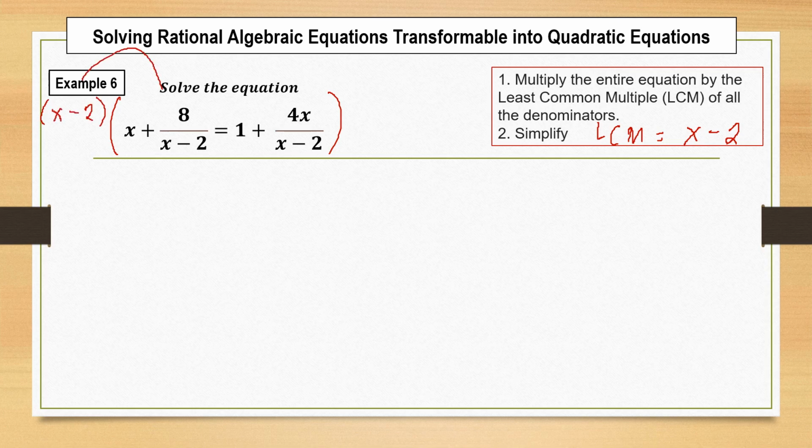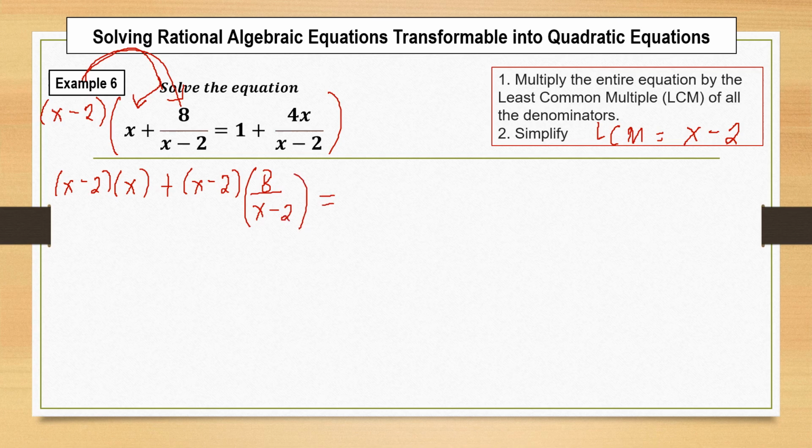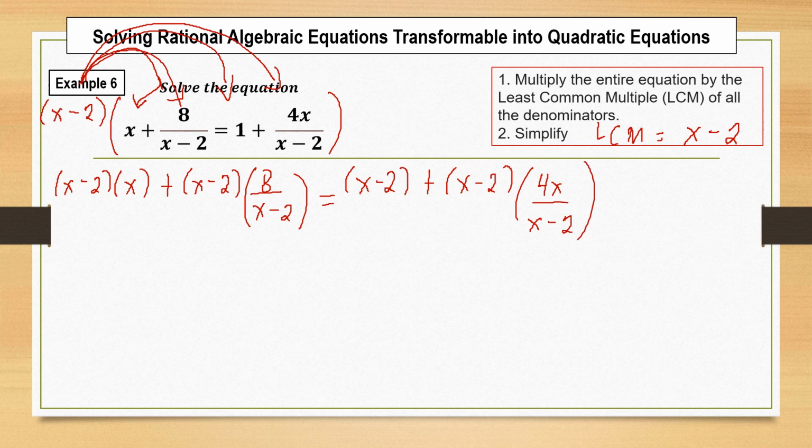Using distributive property, we have x minus 2 times x plus x minus 2 times 8 over x minus 2 is equal to x minus 2 times 1 is x minus 2 plus x minus 2 times 4x all over x minus 2.